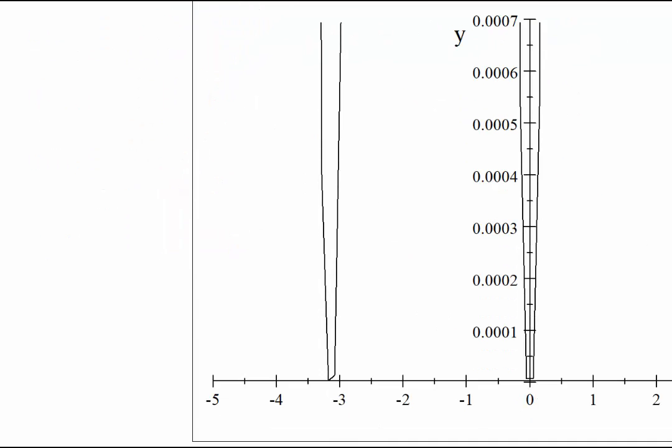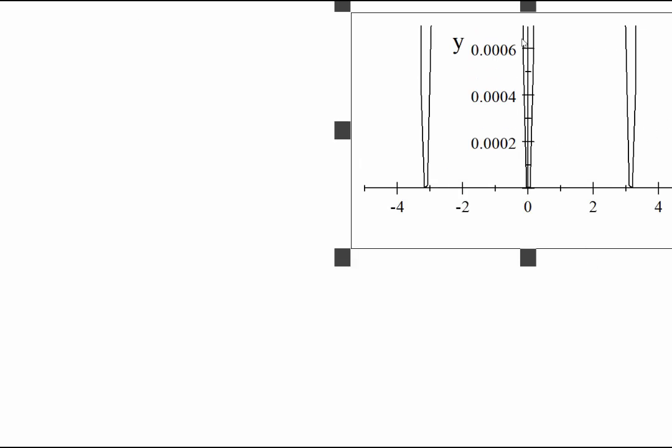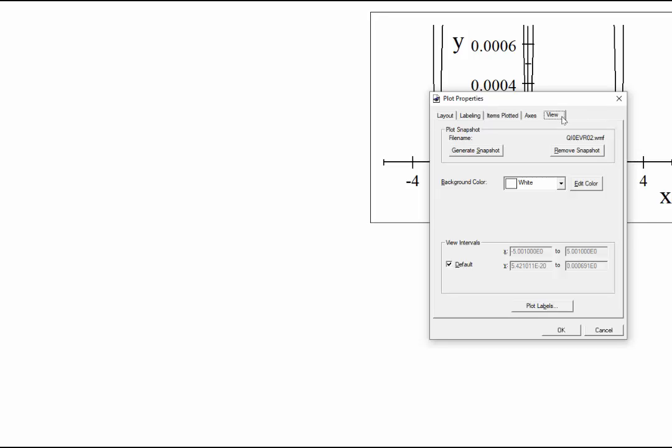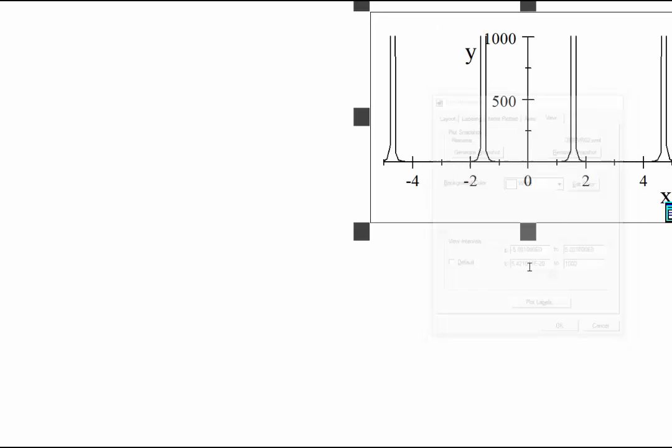Okay, all right, so here it is, and the upper limit is 0.006. So let's just change the view here. Say we change the view to quite big, 1000, but you can see that it's increasing without any bounds. So it doesn't look like this approach is going to work, right?